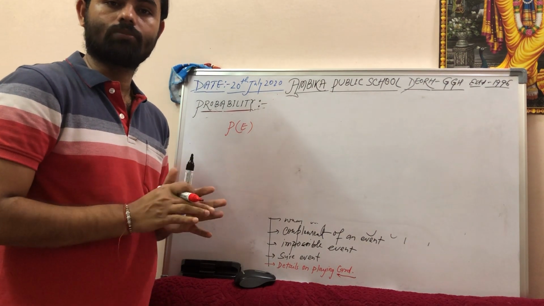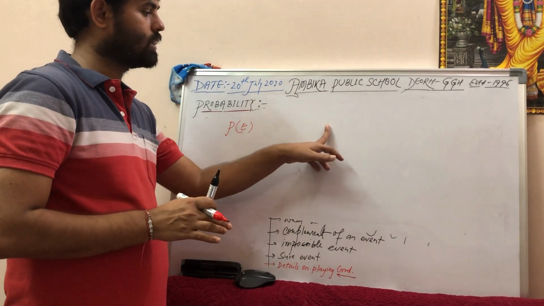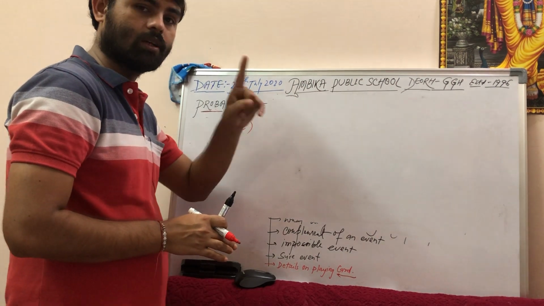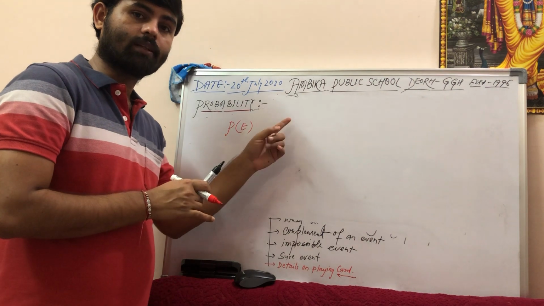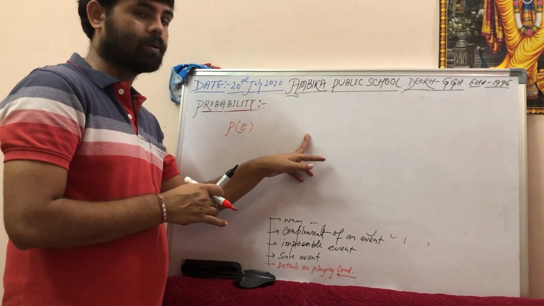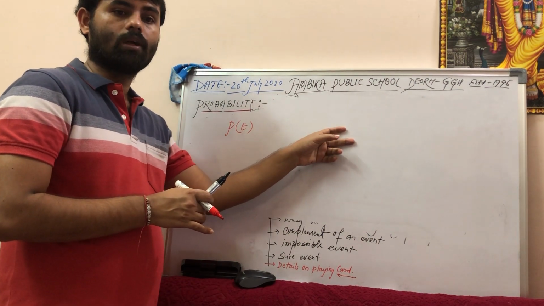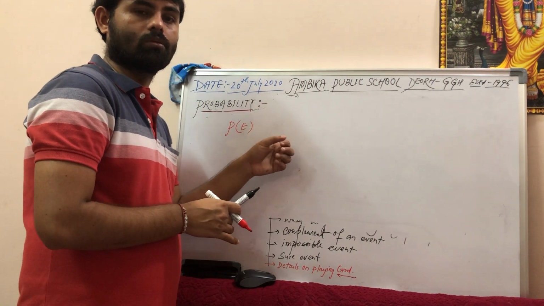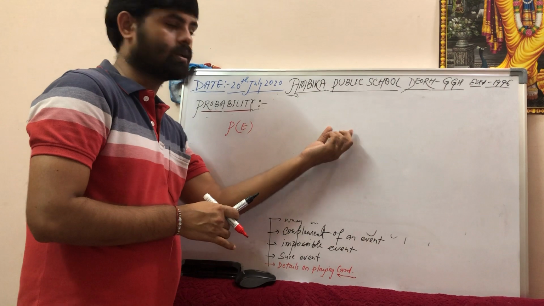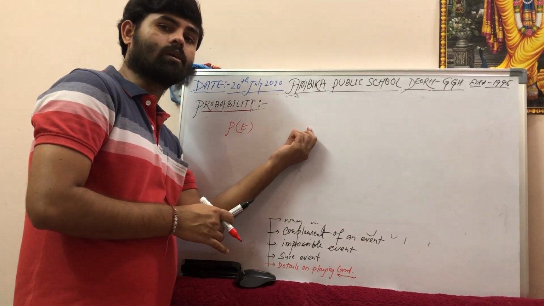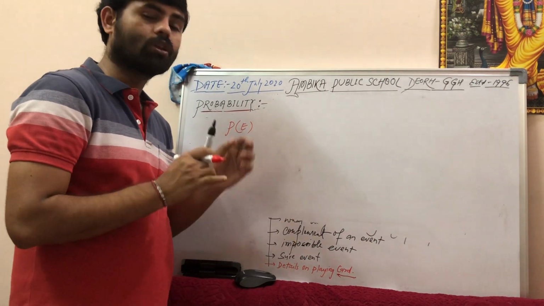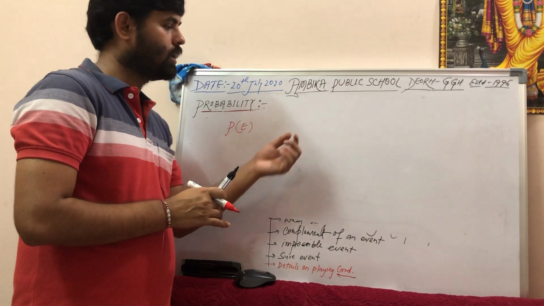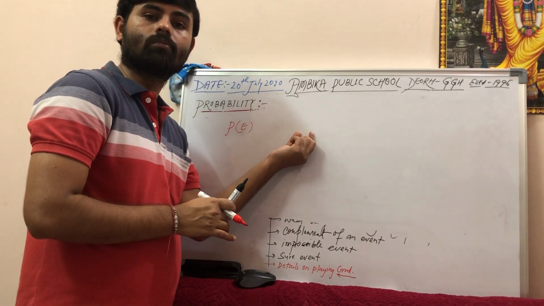In the first example in the 9th class recap, head was 450 times and tail 550 times, so the outcome is present there. But in theoretical probability, I do not know the outcome.